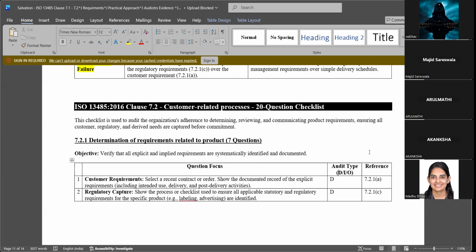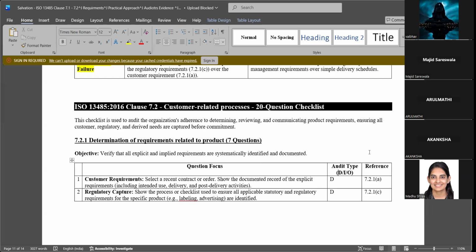4 is on documentation, 5 is on management, 6 is on resources, it could be any resource. 7 is product realization, meaning how you develop the product, the whole process of purchasing, design and development, production, customers. All this comes into clause 7.